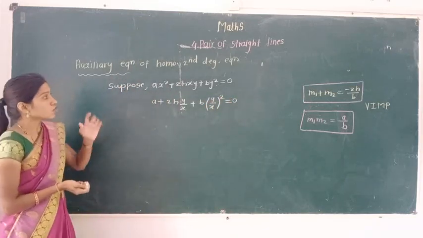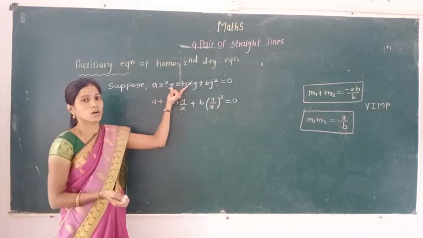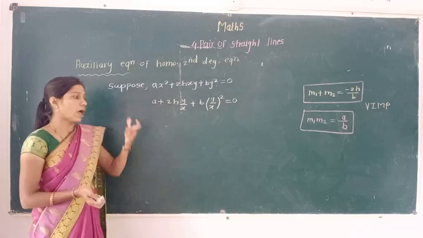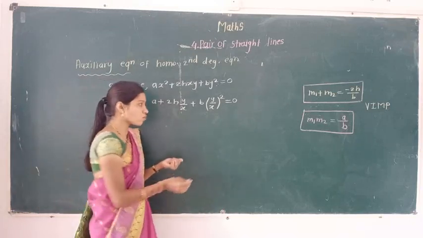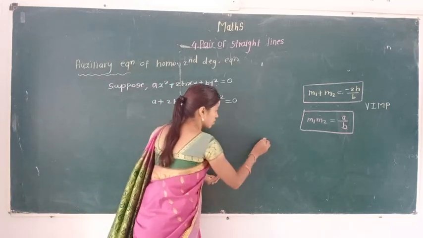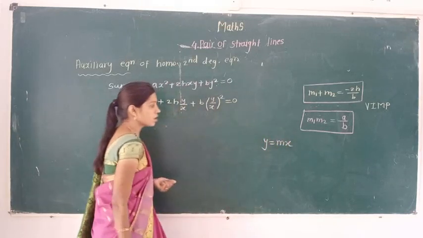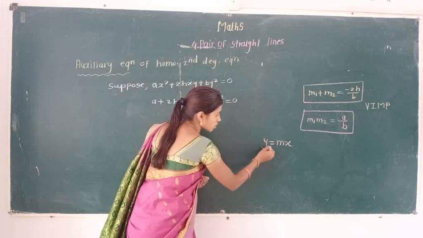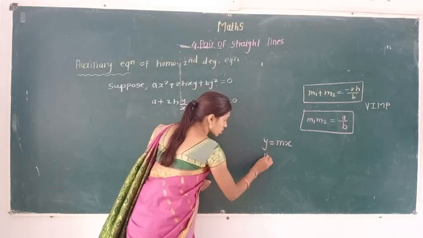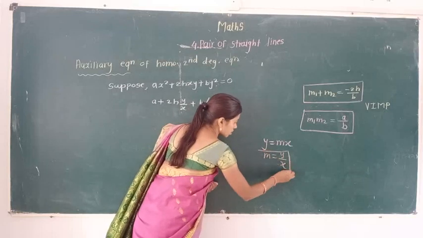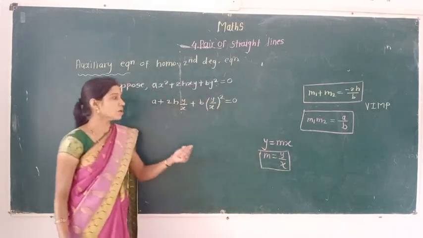Now we also know this is the combined equation of two lines. They are passing through origin, and we know that the equation of a line passing through origin is y is equal to mx. Here we can find the value of y by x is m. So we can write m is equal to y divided by x.